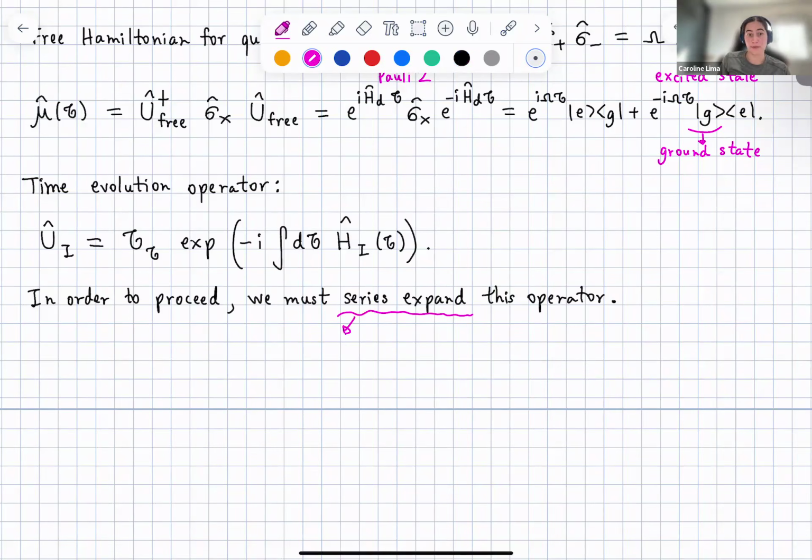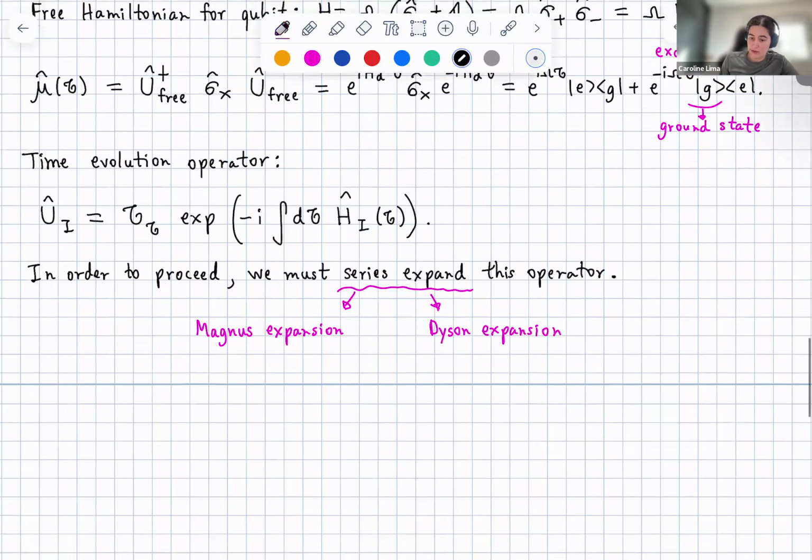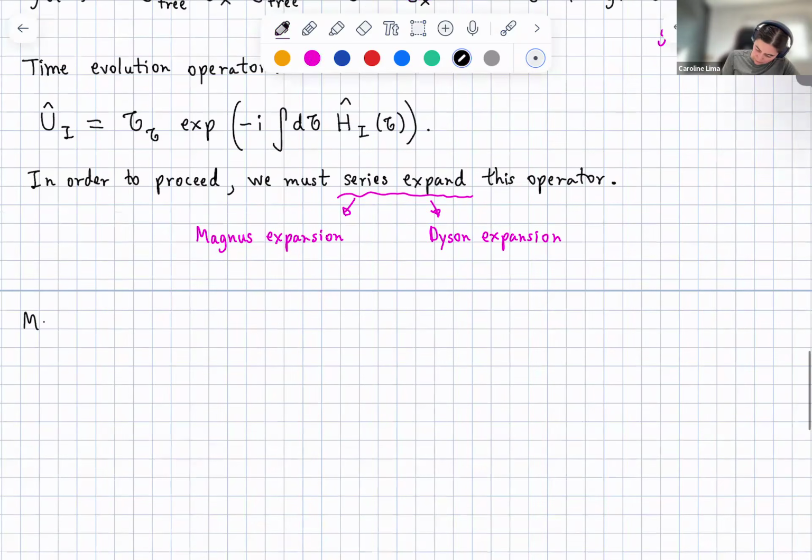One of them would be the so-called Magnus expansion, and the other one would be the Dyson expansion. Okay, so let's start with the Magnus expansion.